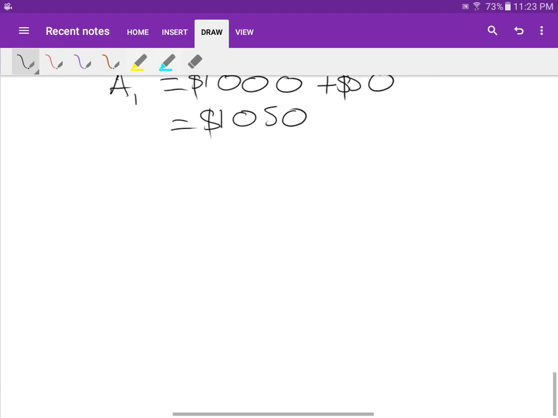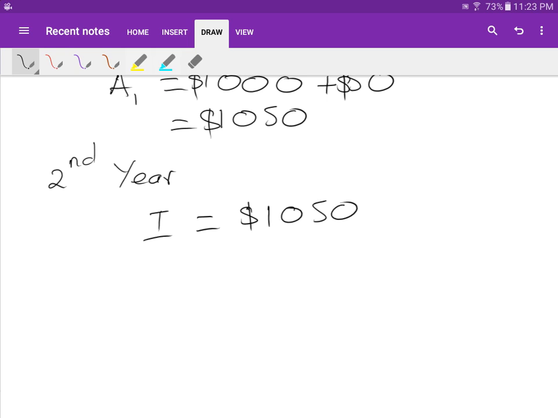at the end of the second year, the interest that I will receive is a little bit more, because I didn't put 1,000 in, I have $1,050. So the interest is 5% of 1,050. Again it's I equals PRN with 1 year, or you can just say 5%: every year I get 5% of the amount I reinvest.